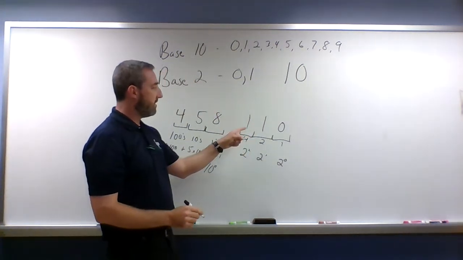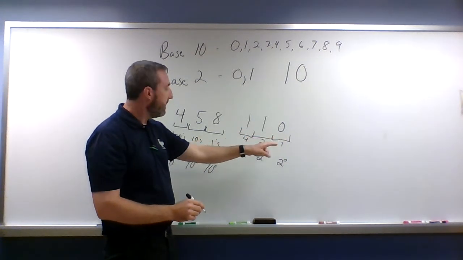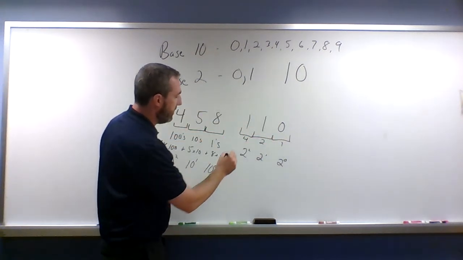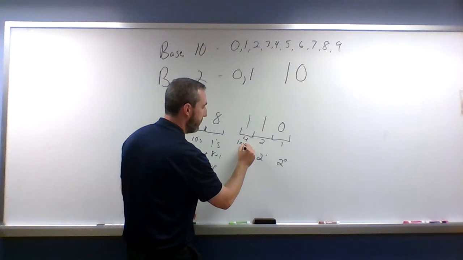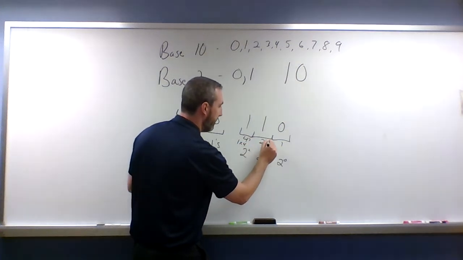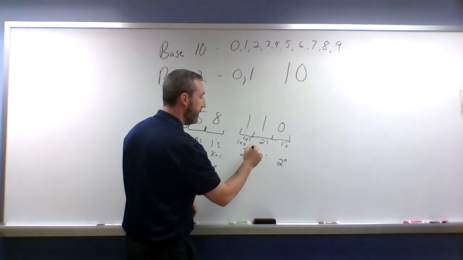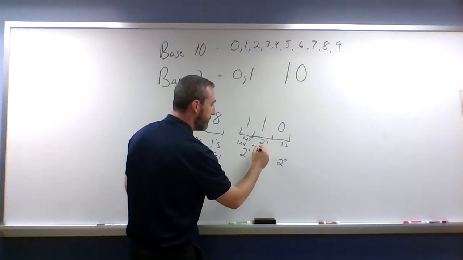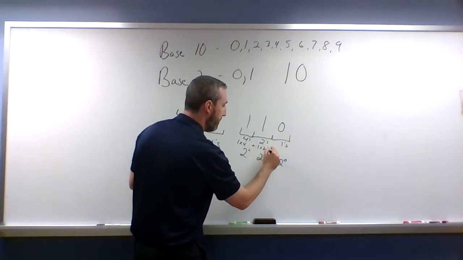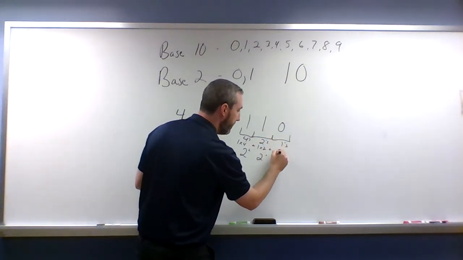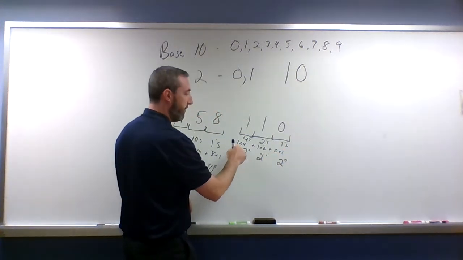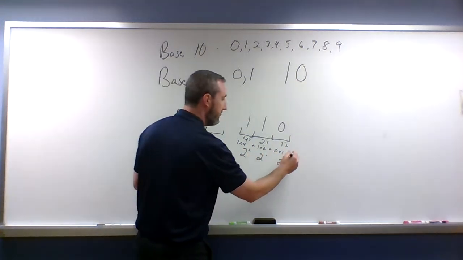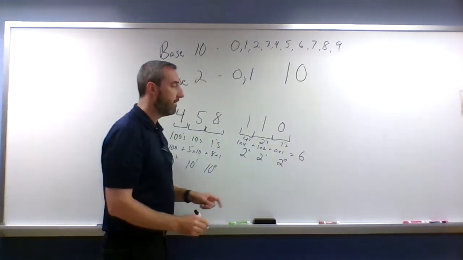So if I were to write this number, 110 in binary, it would mean I have 1 times 4, this is the 4's column, the 2's column, the 1's column, plus 1 times 2, plus 0 times 1. 4 plus 2 plus 0 equals 6.